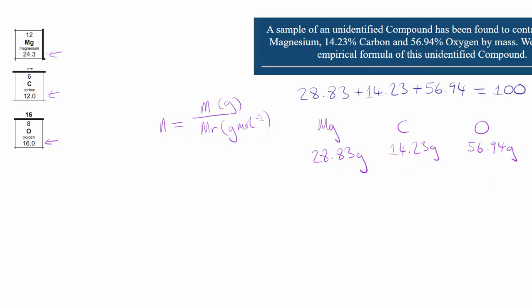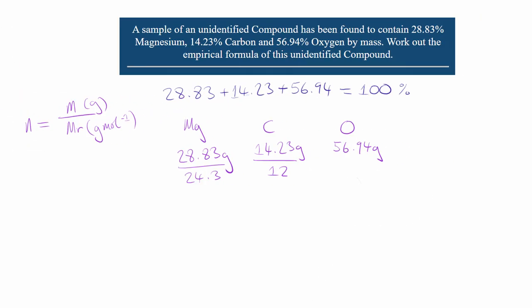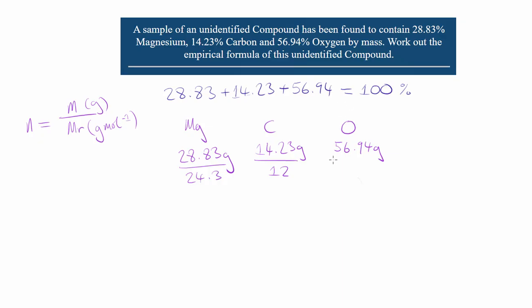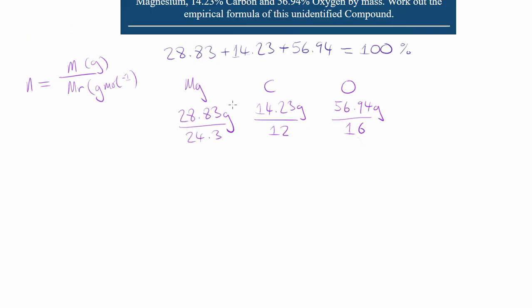So we're going to divide each of these by their molar masses. For Mg, 28.83 divided by 24.3. Carbon, we're going to divide by 12. And oxygen, we're going to divide by 16. So when we do that, what are we going to get?